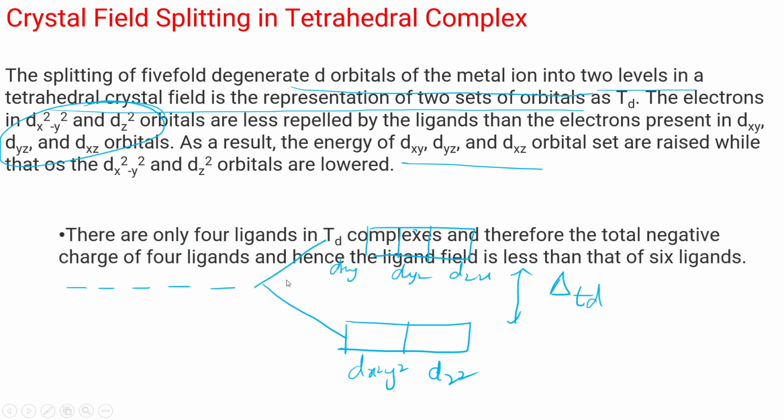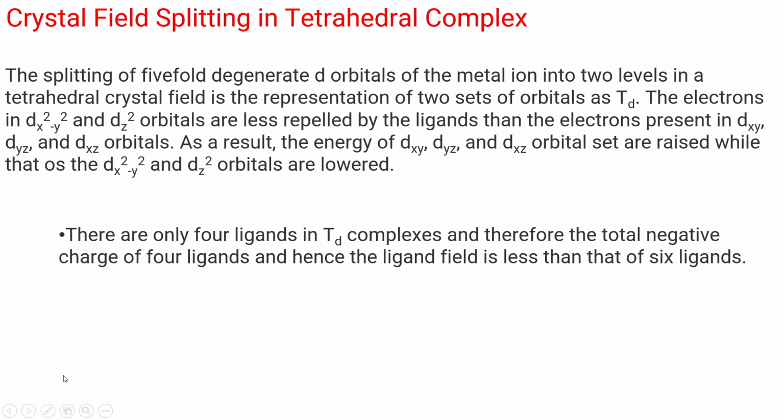There are only four ligands in the tetrahedral complex, therefore the total negative charge of the four ligands, and hence the ligand field, is comparatively less as compared to the octahedral complex.